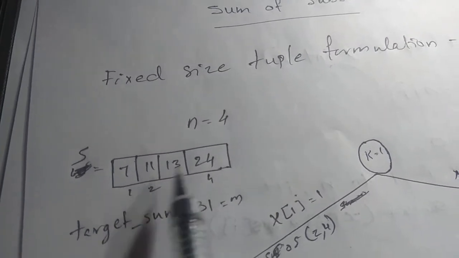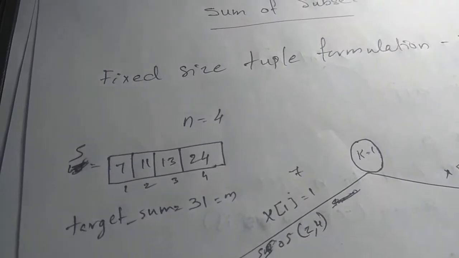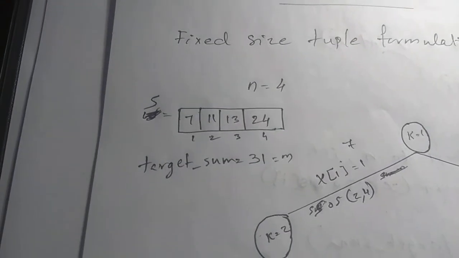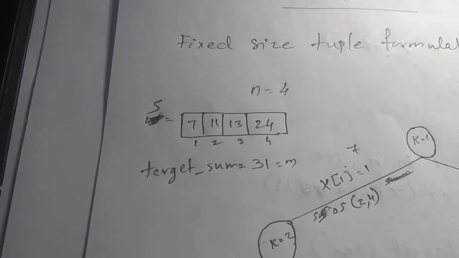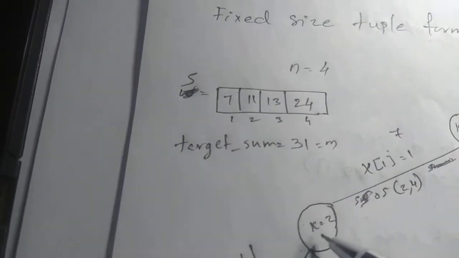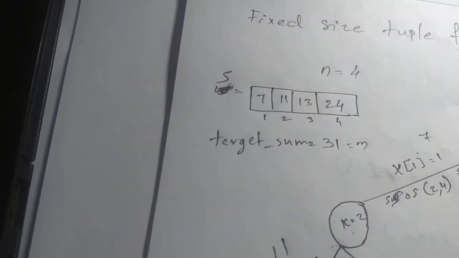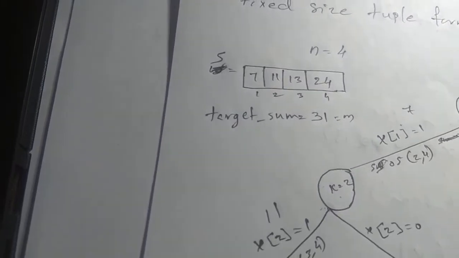Okay, so 7, 11, 13, 24. You have considered the first element 7. Then here you are going for the second element, that is 11, and then what is the sum here? It is 7. Then what is the sum here? It is 7 plus 11, 18.